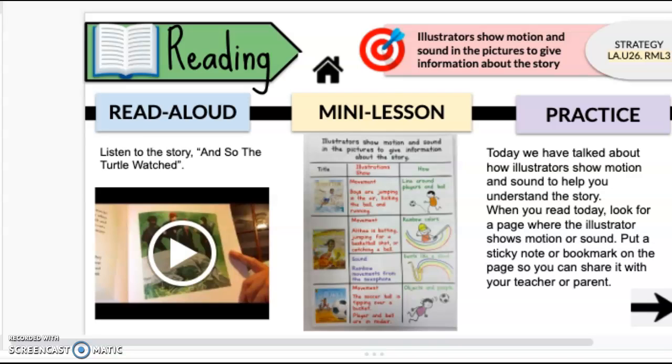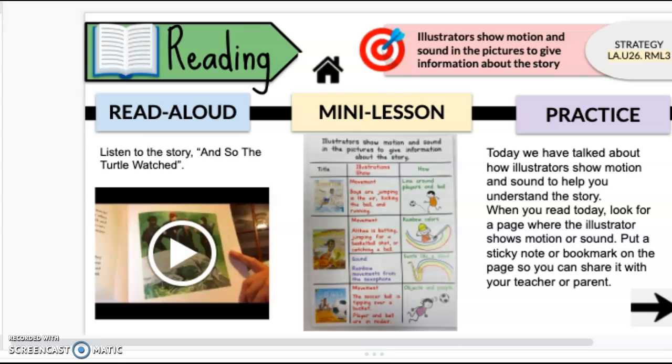In the other story in the middle, you can see there's movement. Athea is batting, jumping for a basketball shot or catching a ball. And in there you can see rainbow colors to show movement of batting the ball. You can also see how the illustrator used movement lines for sound.